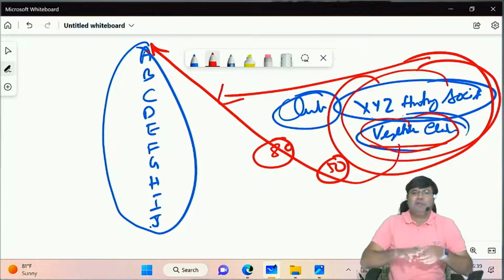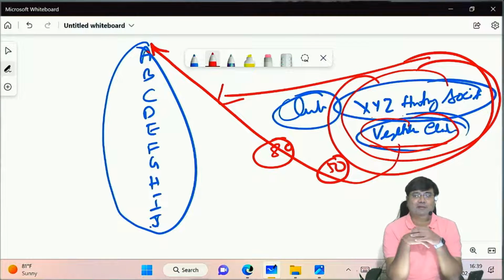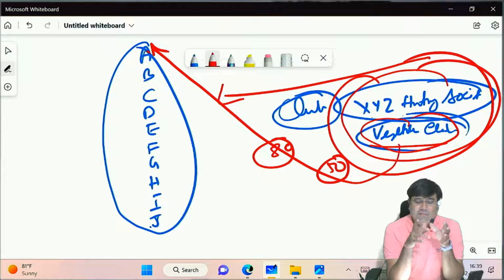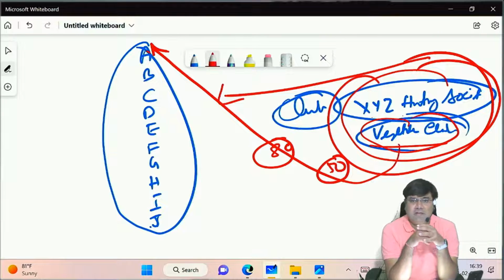If you would have read the income tax Vodafone case, the Supreme Court decided that the Vodafone transaction between Orange and Red is not subject to income tax. So what did the government do that time? The Congress government was there, and they did a retrospective amendment in income tax to levy the taxes.